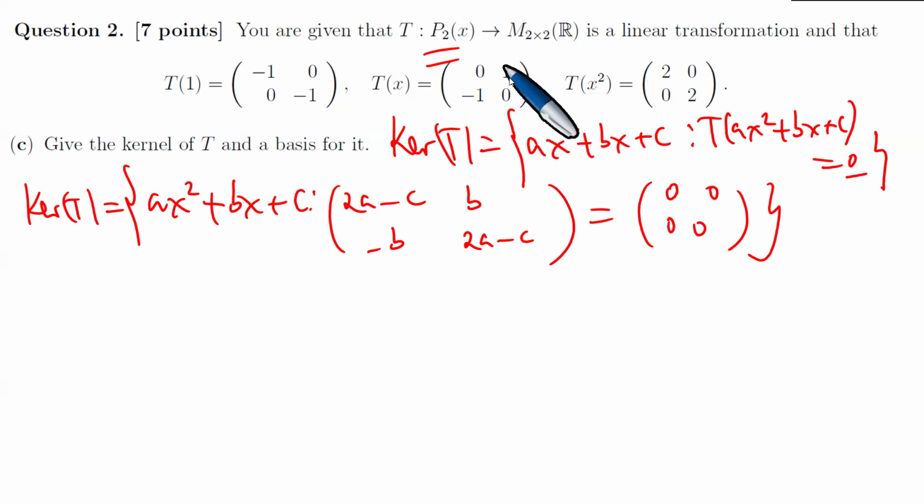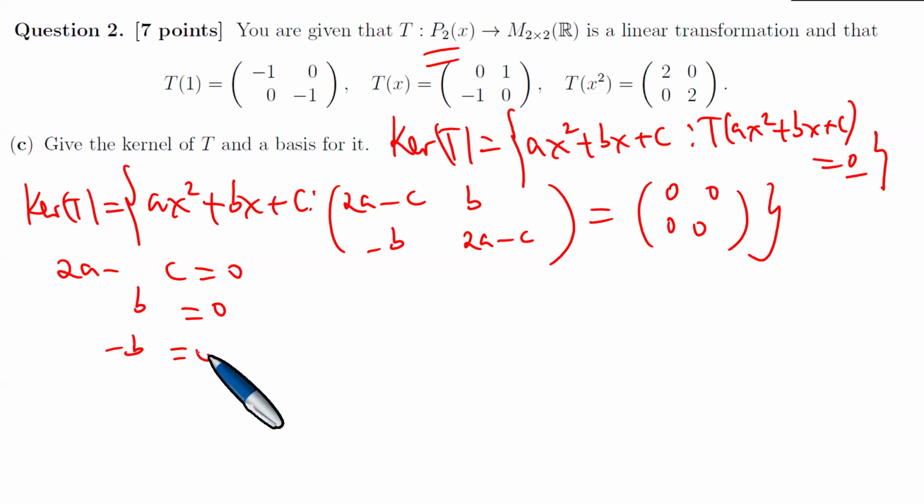So with this you are able to say that you have 2a minus c equals 0, you have b equals 0 for this one, you have minus b equals 0 for this one, and then you have 2a minus c equals 0.